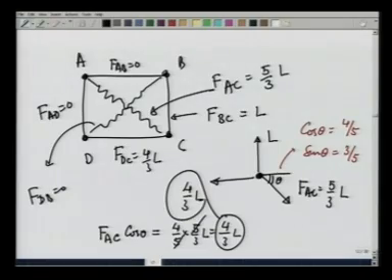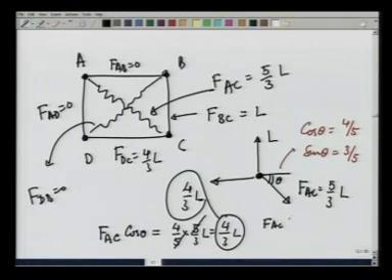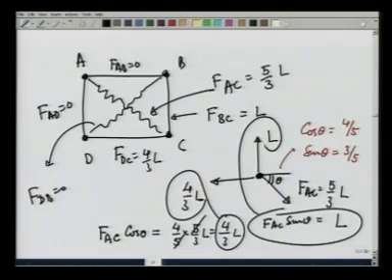So, horizontal forces are 0 and FAC sin theta comes out to be 3/5 times 5/3 L, which is L, and this force is going to balance out this particular force, and therefore, point A is in equilibrium and we have solved the problem correctly.